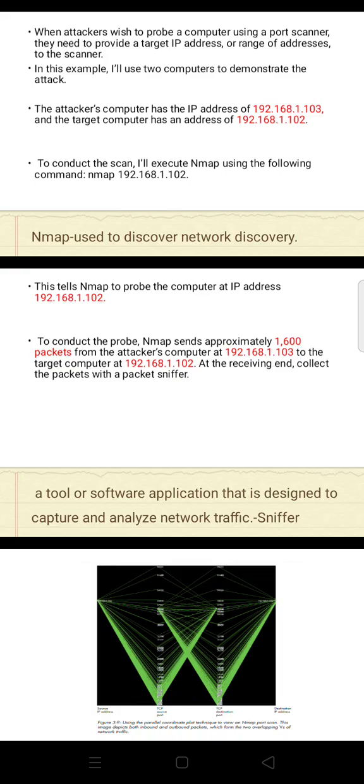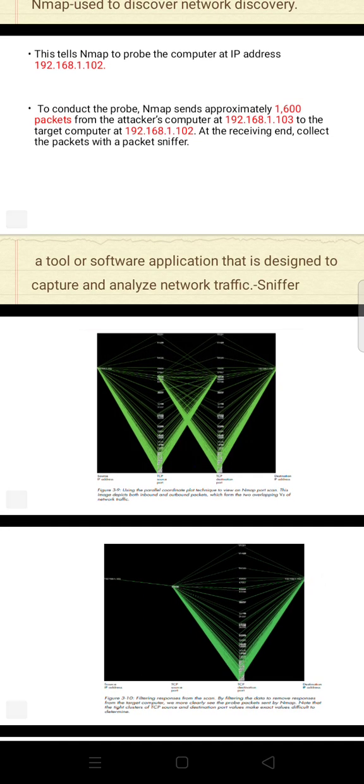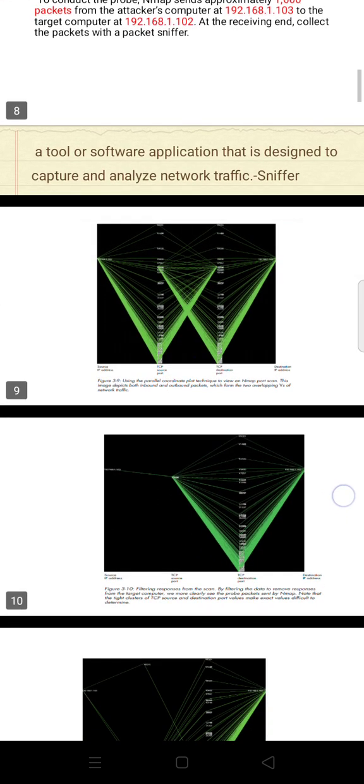This sniffer is a tool or software mainly used to capture and analyze network traffic. In this figure you can see a parallel coordinate plot technique used to view an nmap port scan. This image shows both the inbound and outbound packets, which form the two overlapping bursts of network traffic.